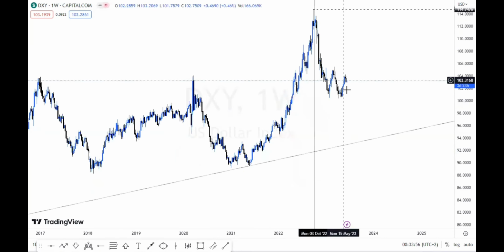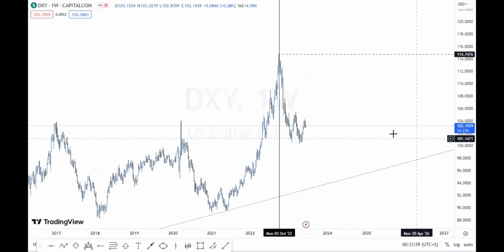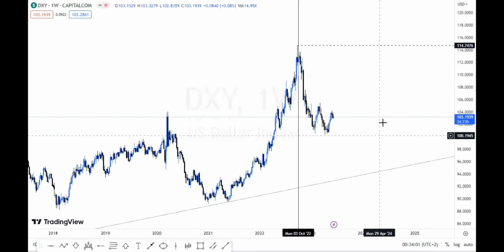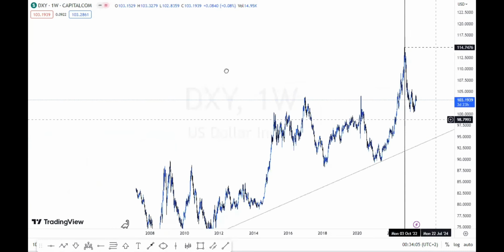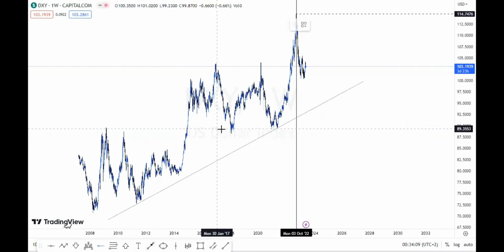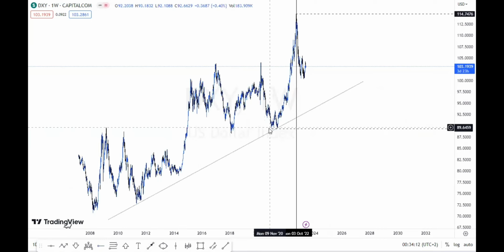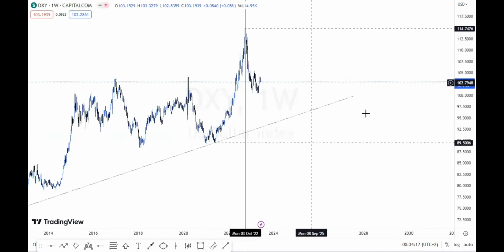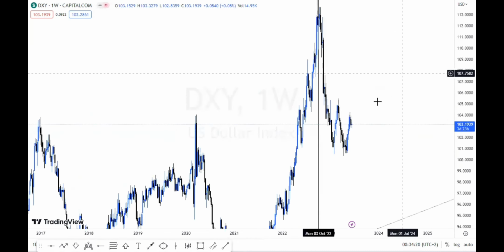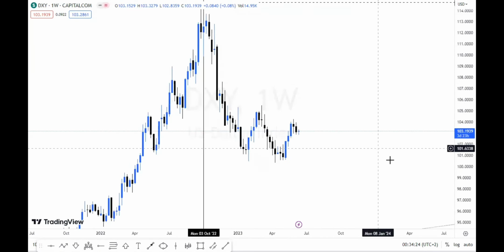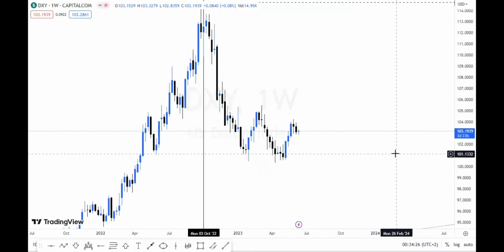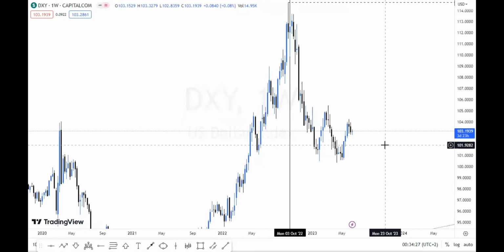And if you look clearly, we're just going to have our support at the recent low. So all we have on the weekly, there isn't much to do on the weekly chart.